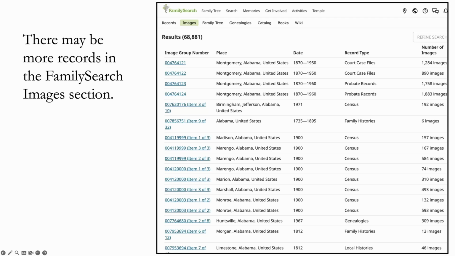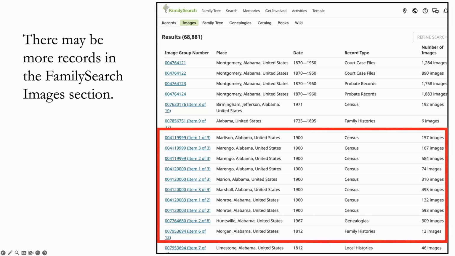But you can see here from this Alabama search that there were a lot of census records added here, images of the census records that may not have been available previously and may not be available yet in the other records that are already on FamilySearch. So that's that box of census records.